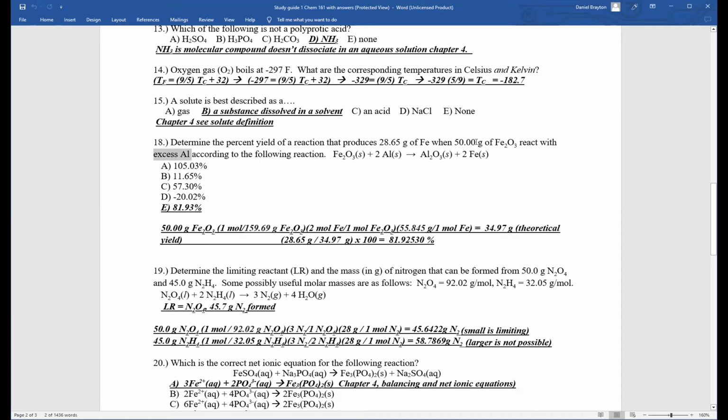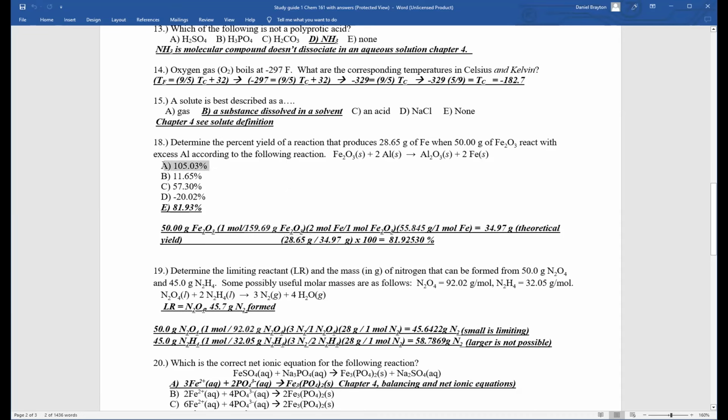So what we want to do is take the grams of iron oxide, use the mass on the periodic table, and get to those moles. That'll tell us what the theory is, and then we divide the amount they told us was found by the theory, and then multiply by 100. We should get a number less than 100%, and so 81.9 makes sense.